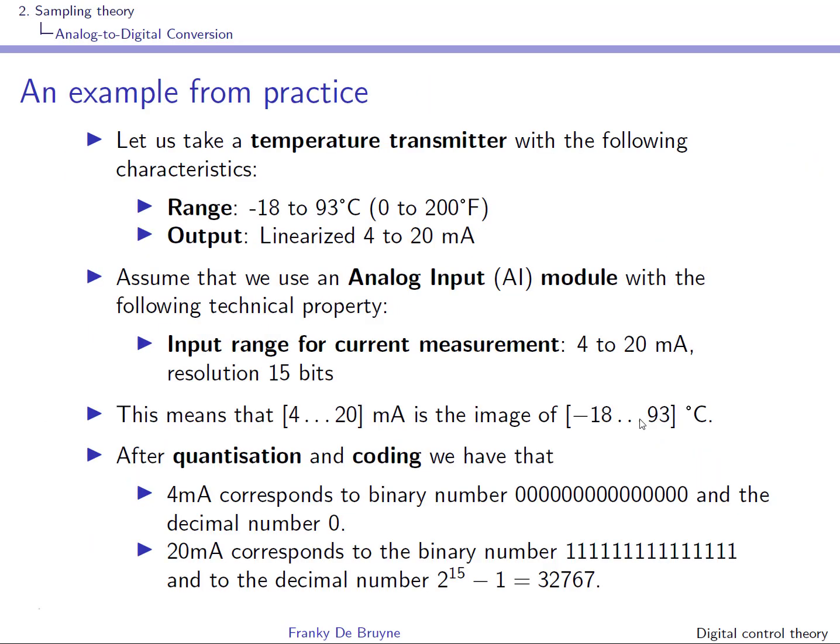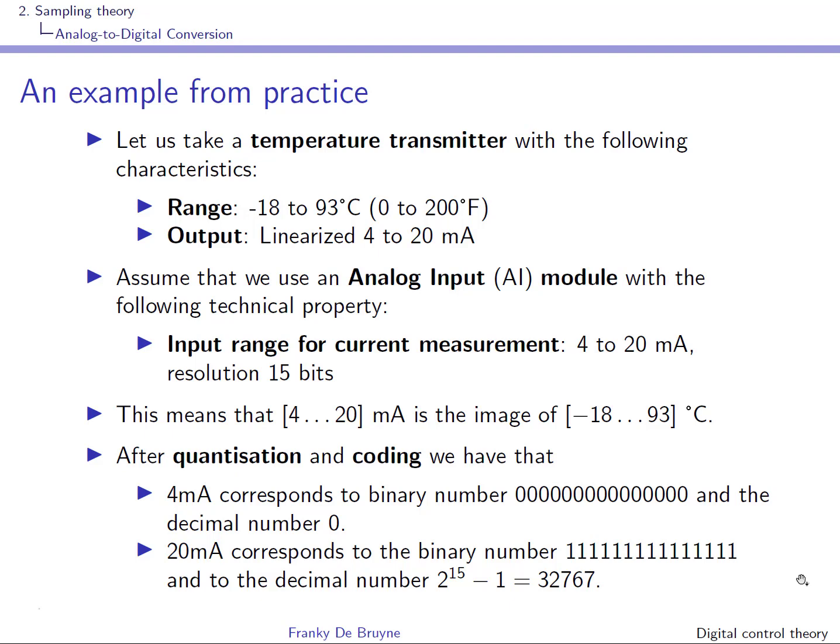Let us take an example from practice. Suppose that we are given a temperature transmitter with the following characteristics. The range is from 0 to 200 degrees Fahrenheit, so in degrees from minus 18 degrees to 93 degrees Celsius, and the output that corresponds is varying linearly with the temperature to an output between 4 to 20 milliamps.